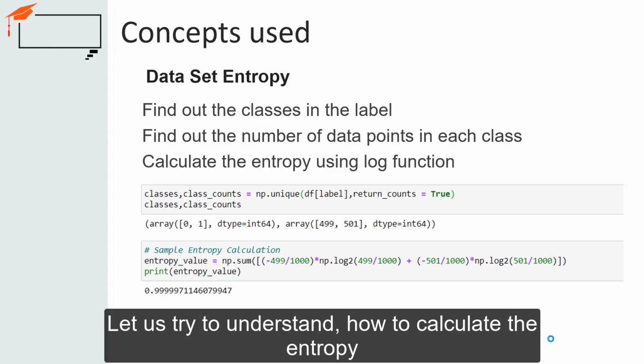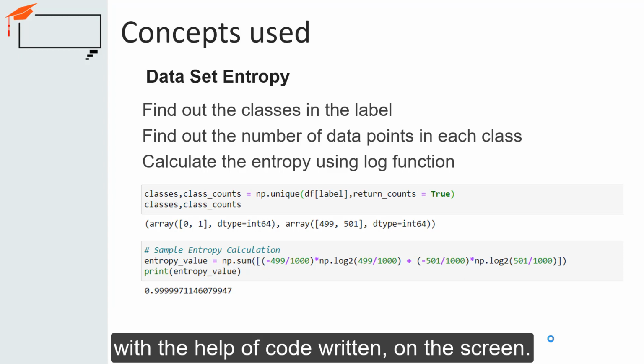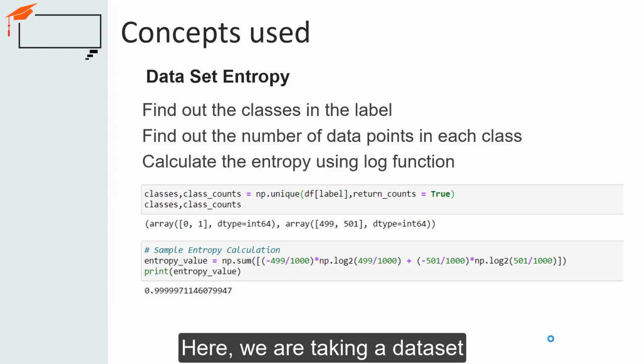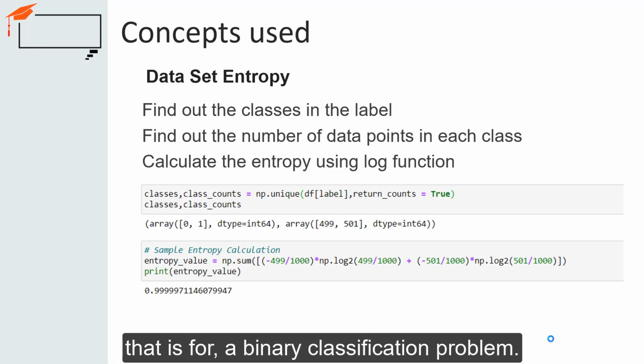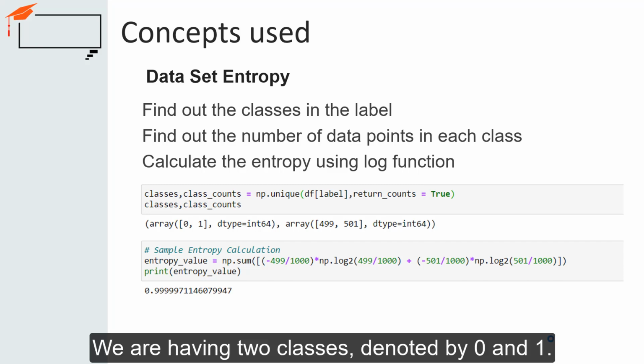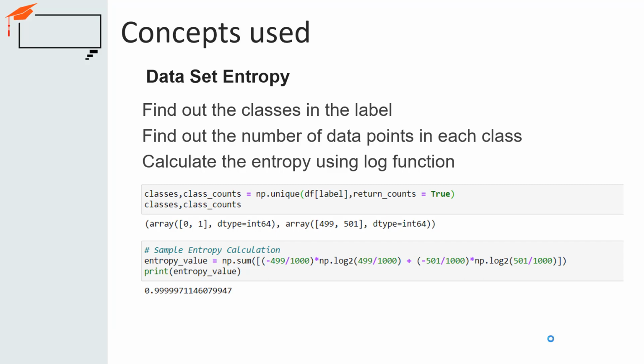Let us try to understand how to calculate the entropy with the help of code written on the screen. Here, we are taking a dataset that is for a binary classification problem. We are having two classes denoted by 0 and 1.